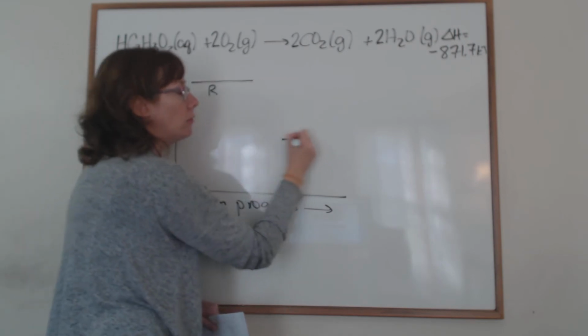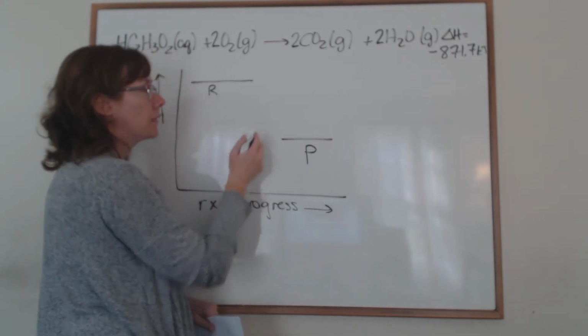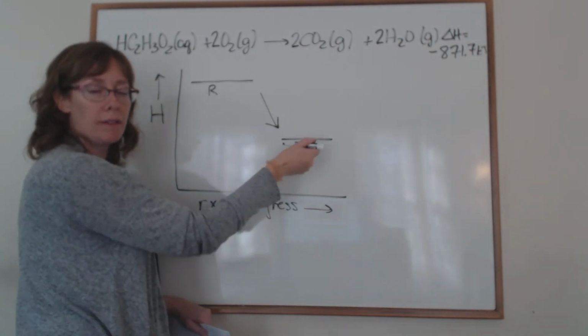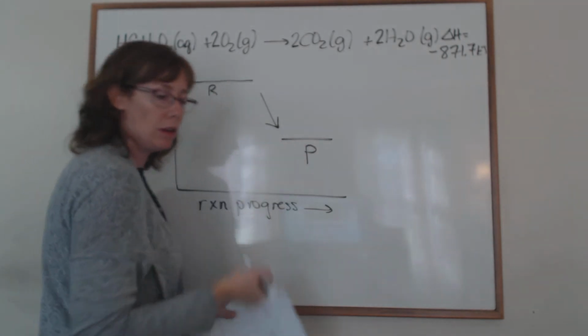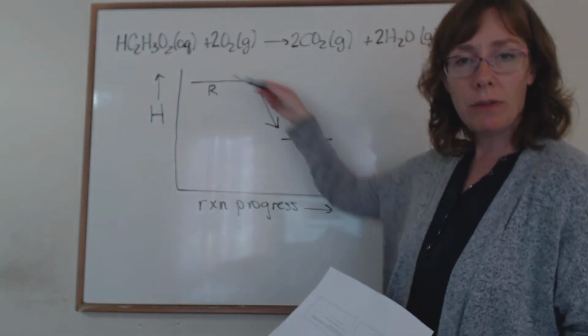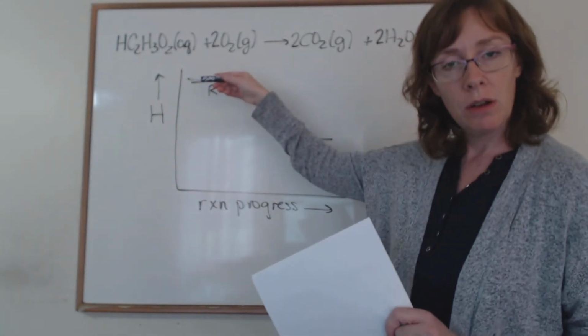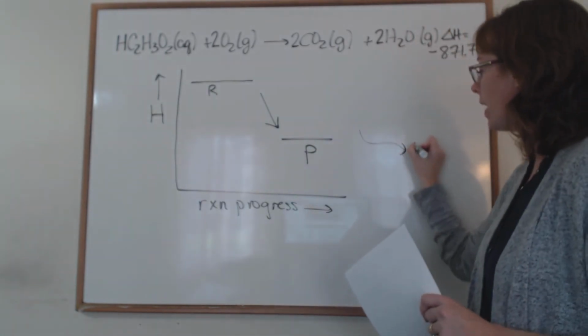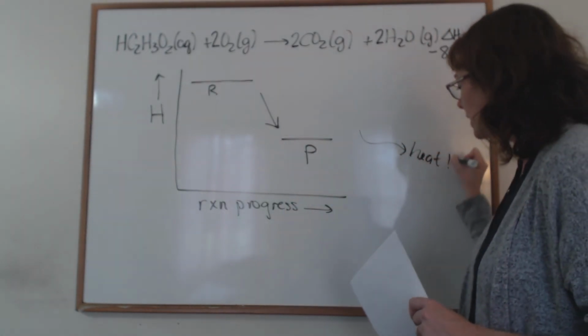So anyhow, if it's exothermic, the products have a lower amount of energy in their bonds, in themselves. And so therefore all that extra energy, which used to be there and now it's not there, has got to come out. And I mean, you don't have to include this part, but that's why it releases heat.